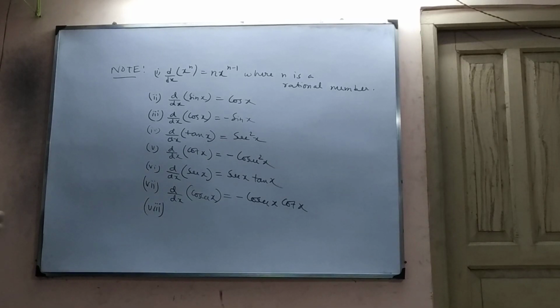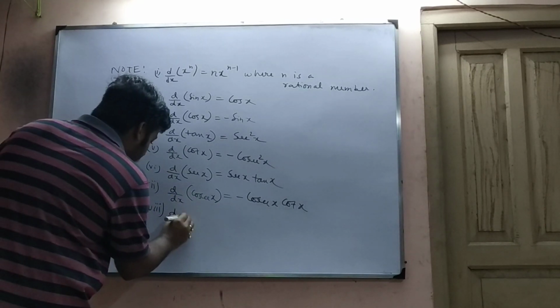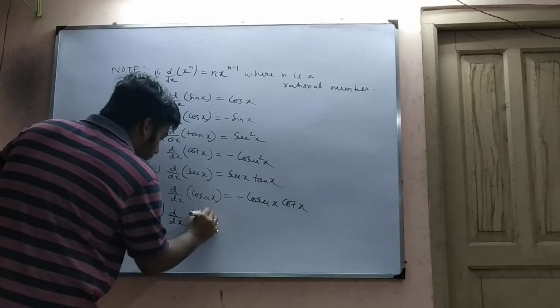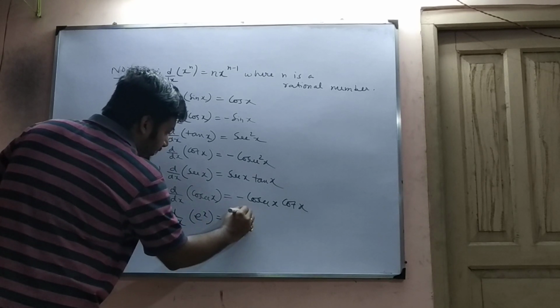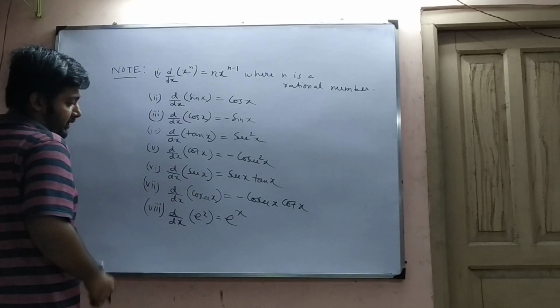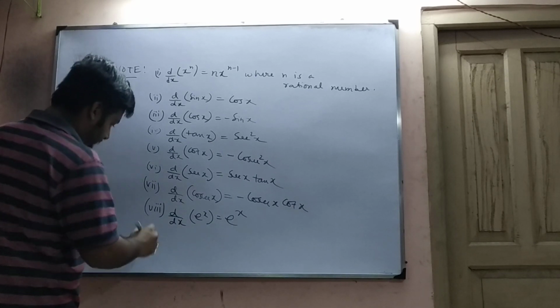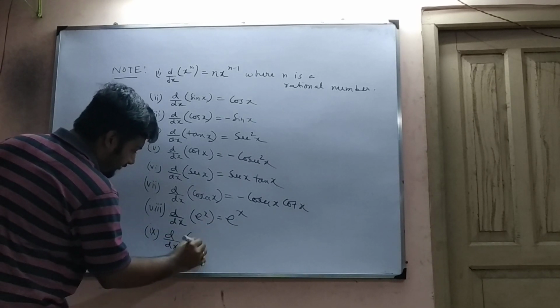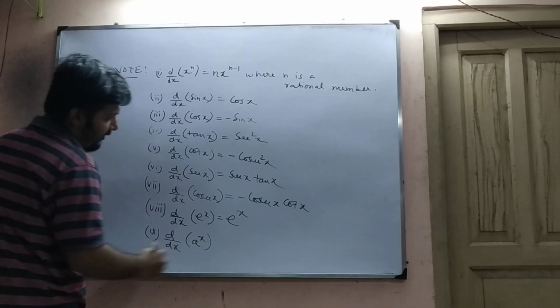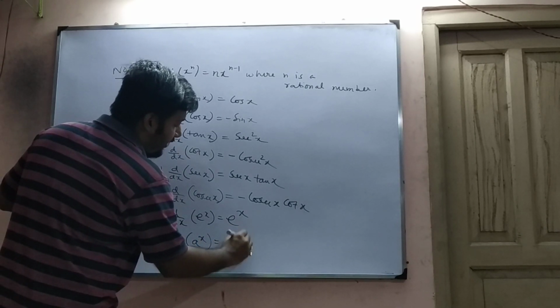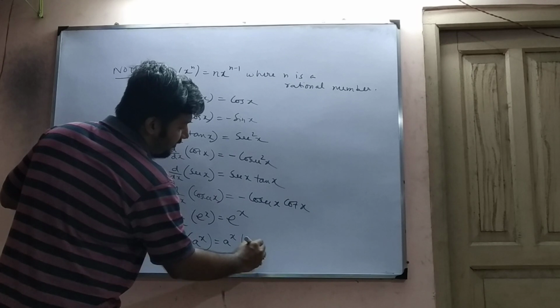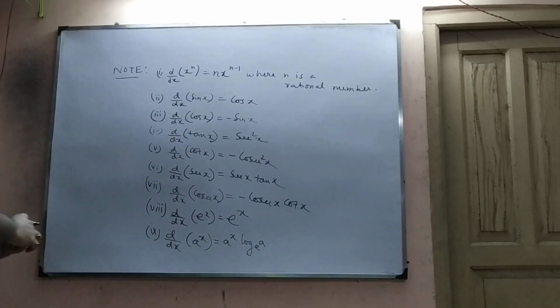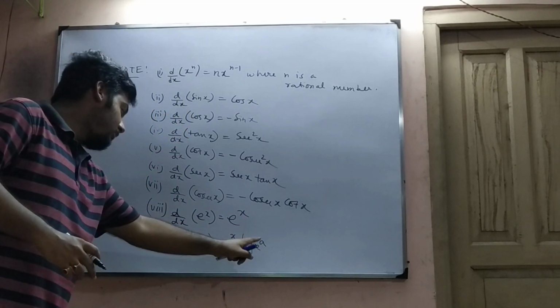After that, d/dx of e to the power x, that is e to the power x. Okay. Number 8, d/dx of a to the power x, that is a to the power x into log a to the base e.